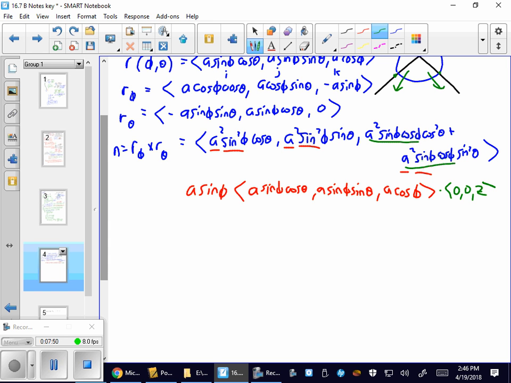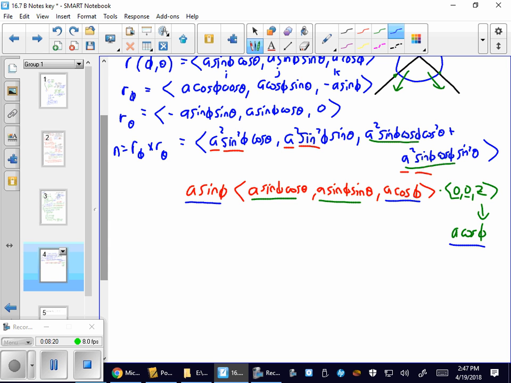The function is 0, 0, z. But of course, z is a cosine phi. So if I dot this piece with that piece, that's 0. That piece with that piece, that's 0. So really all I get is this one times this one, and then I still have to multiply it by this outside piece here.